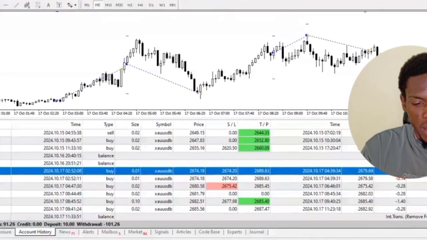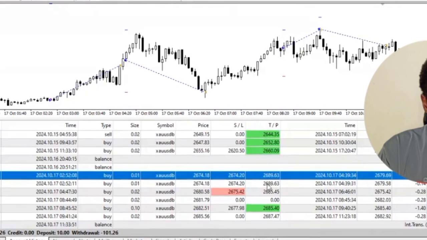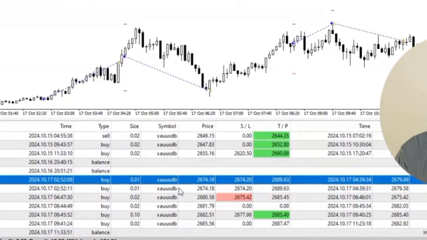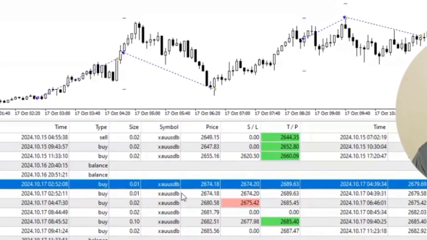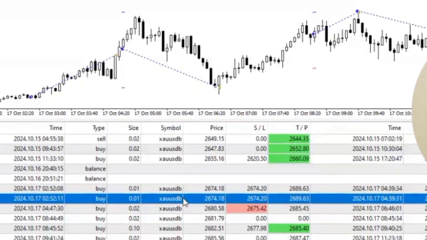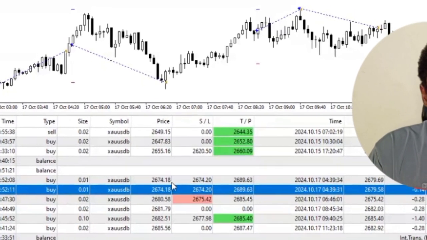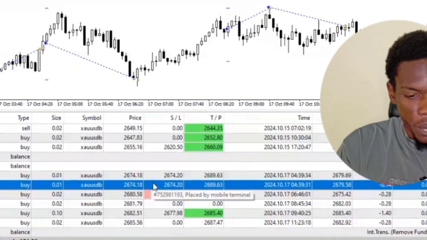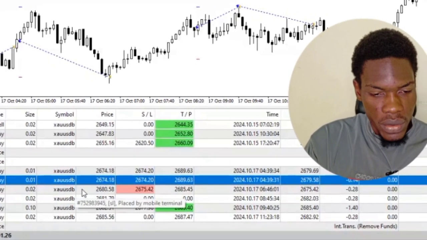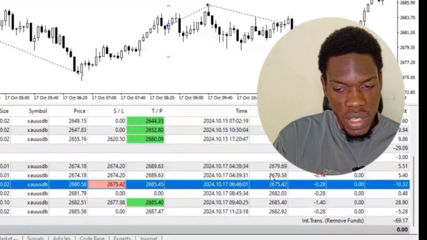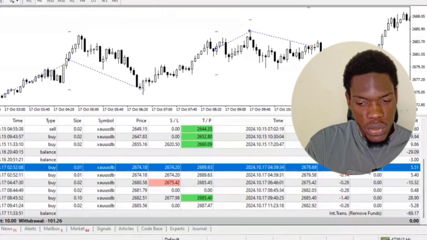If you look at it, I placed a buy and then... I think, oh, okay. So what happened is, okay, this was two buys. Okay, this is the one we lost $10, right? So I placed 0.01 twice.